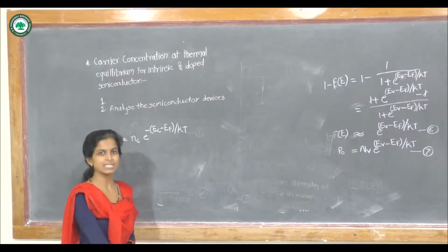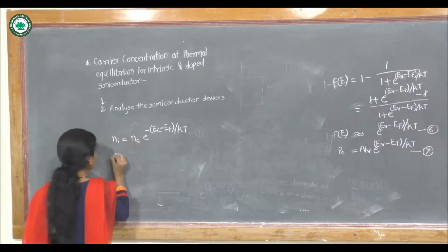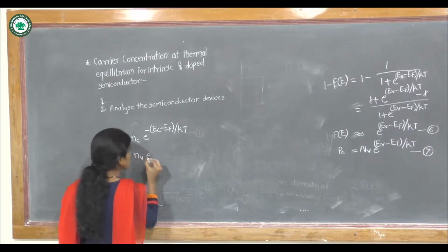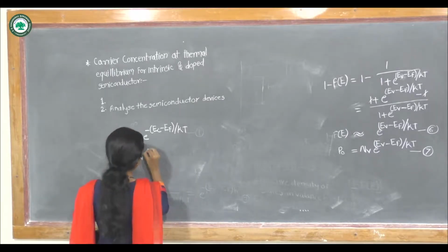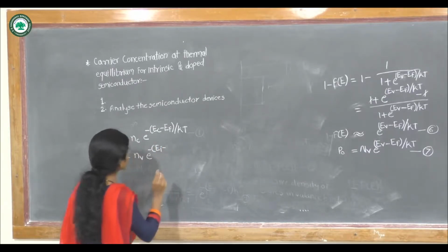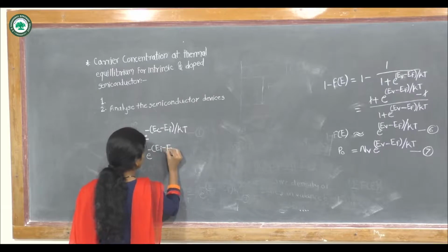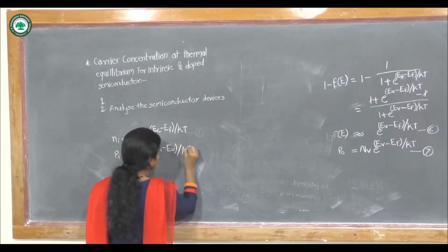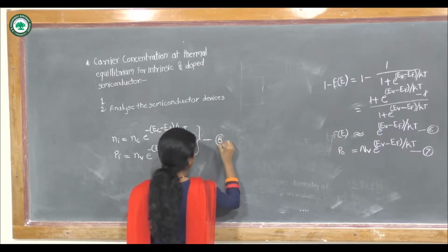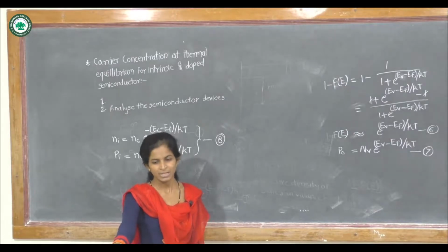So this is the intrinsic carrier concentration, that is intrinsic electron concentration, and pi is given by pi is equal to Nv into e raised to minus, sorry, here must be Ei, (Ei minus Ev) upon kT.